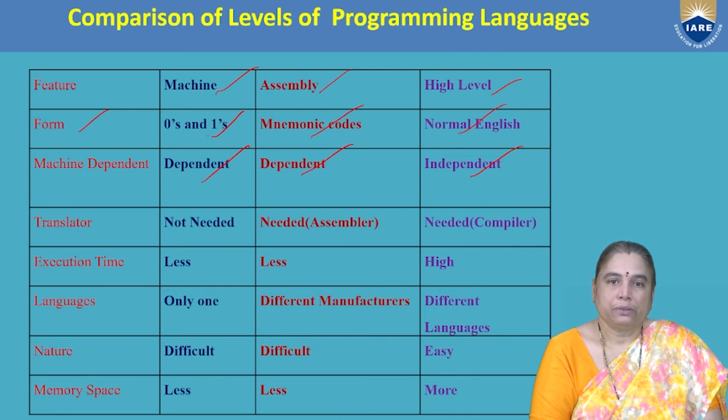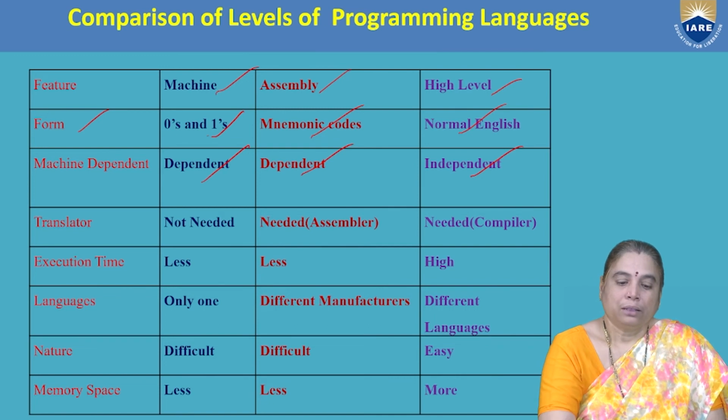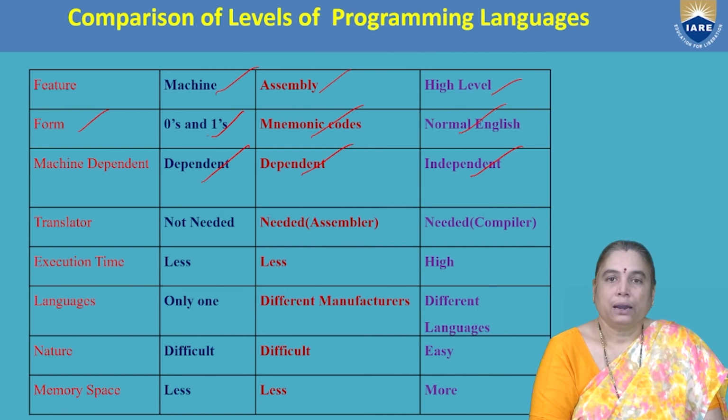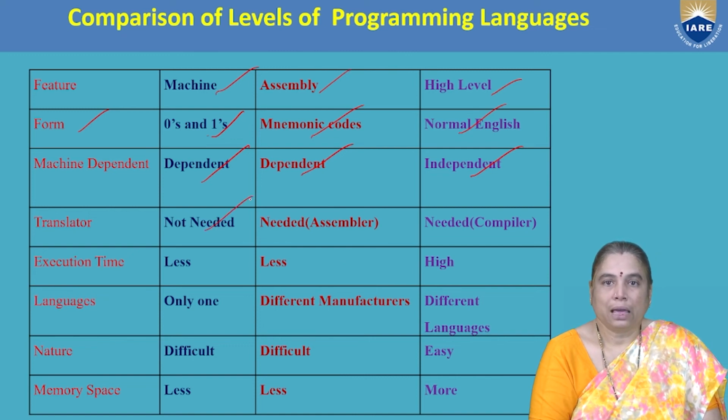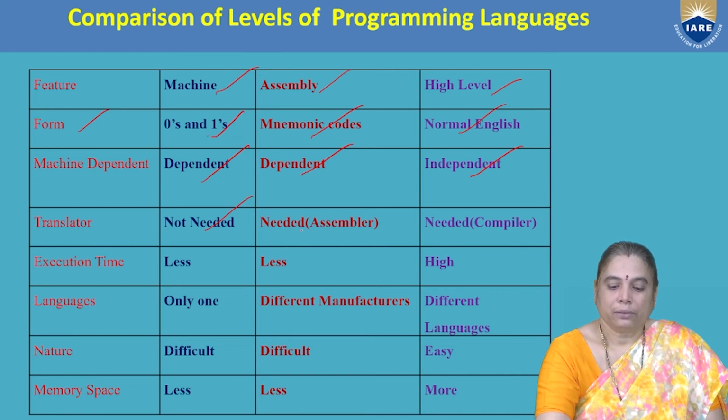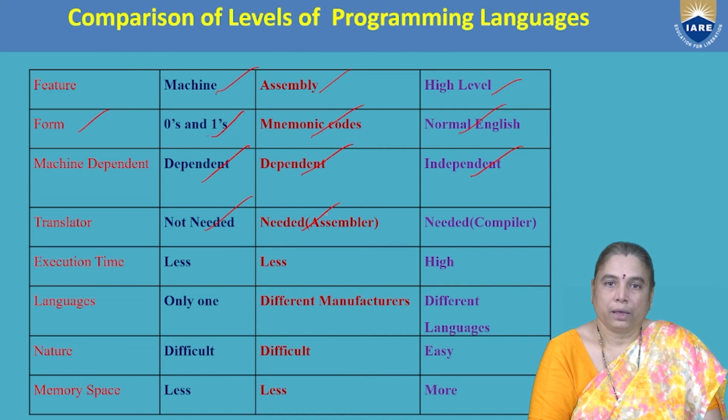The next feature is the translator. The machine language can be directly understood by the computer. Why? Because it is written in the form of binary digits. So no need of translator in case of machine level language, but a translator is needed in case of assembly language. That translator is called the assembler. Why?